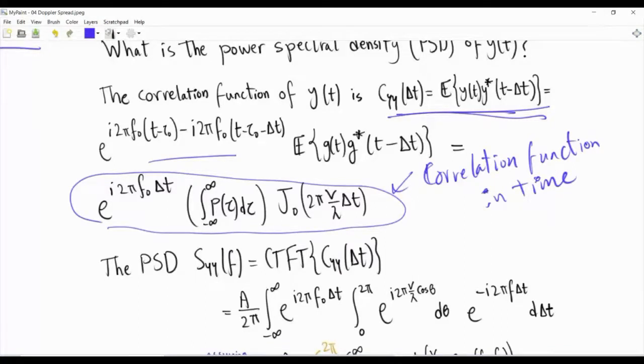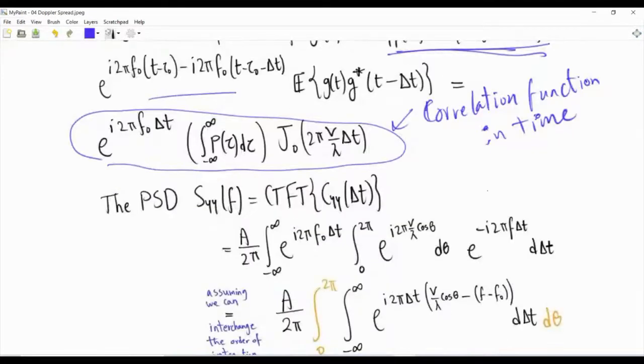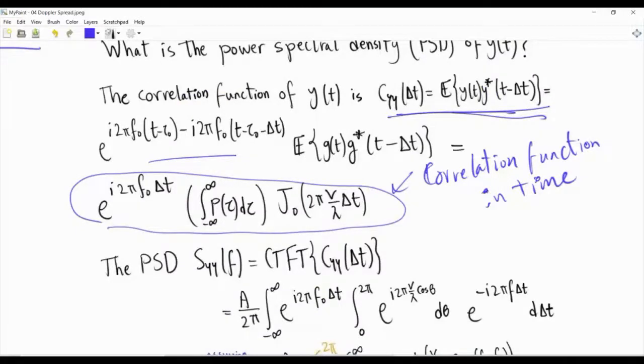See, things here are sort of messy, right? We have correlation function in frequency and correlation function in time, again because we are going back and forth between time and frequency. So you just need to focus here. This is the correlation function, and this is what was derived in the previous slide.